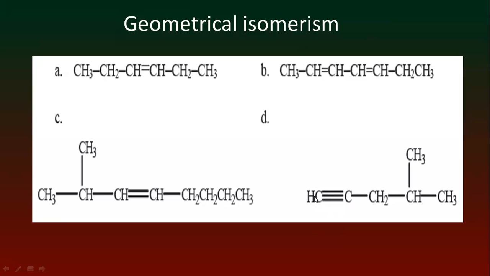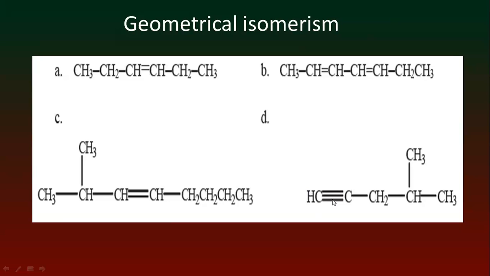Here the strength of the carbon-hydrogen bond is very much less than that of the triple bond. That means the energy needed to break the carbon-hydrogen single bond is very much less than the energy required to break the carbon-carbon triple bond. That's why free rotation is possible, because the triple bond has not been broken here.